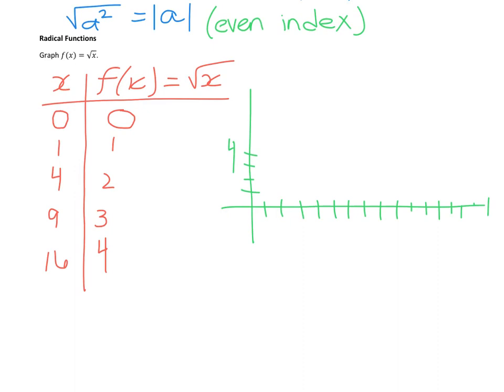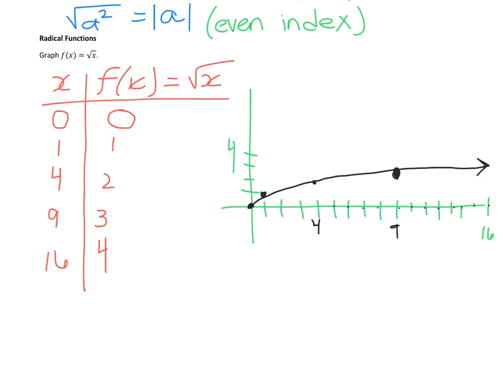Okay, so if we're going to graph this, we have the points (0, 0), (1, 1), (4, 2), (9, 3), and (16, 4). Okay, so we're going to be looking at something like this.